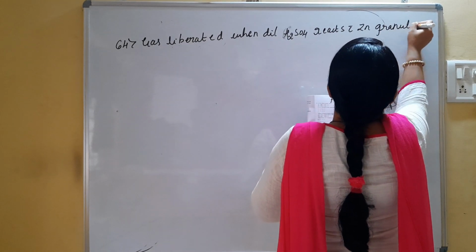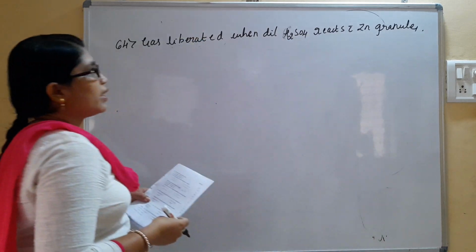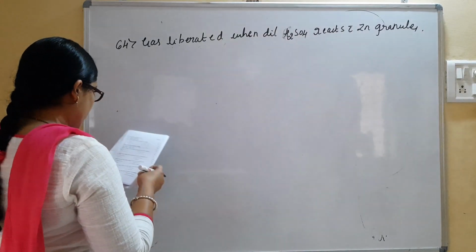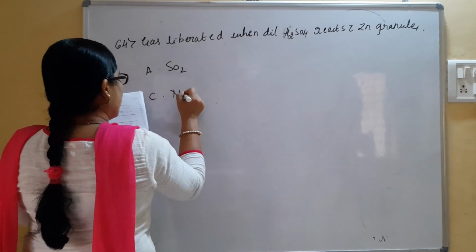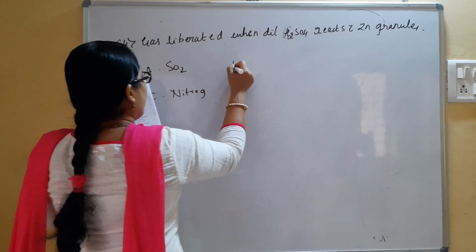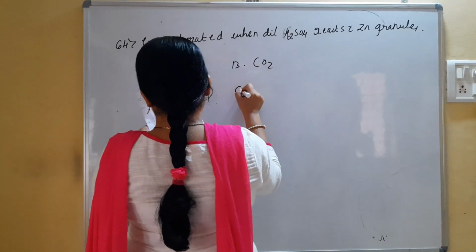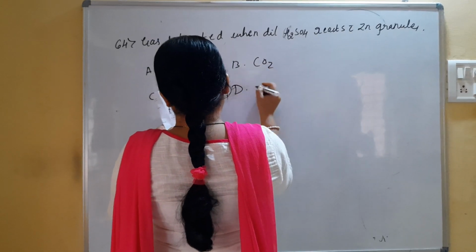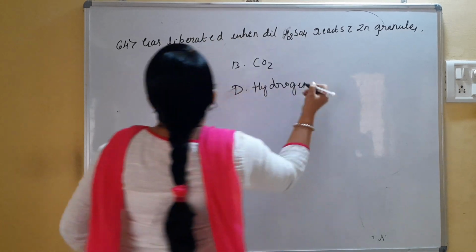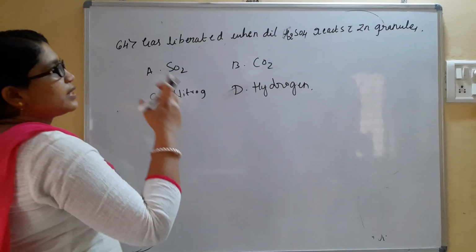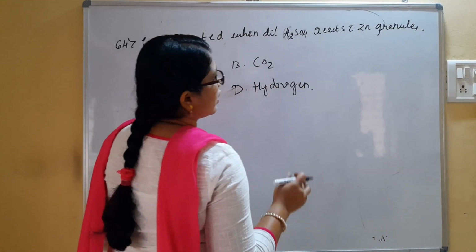So this is a question from the acids, bases and salts. When you consider options: A, sulfur dioxide, B, nitrogen, C, carbon dioxide, D, hydrogen. So gas liberated when dilute sulfuric acid is treated with zinc granules.